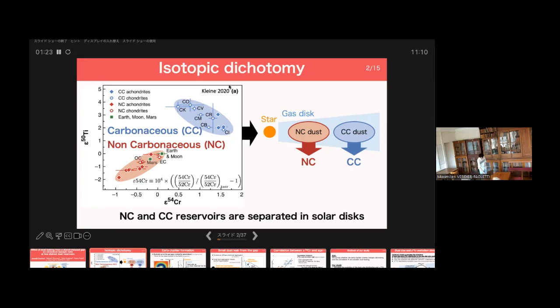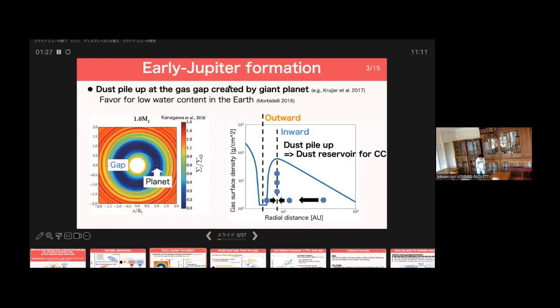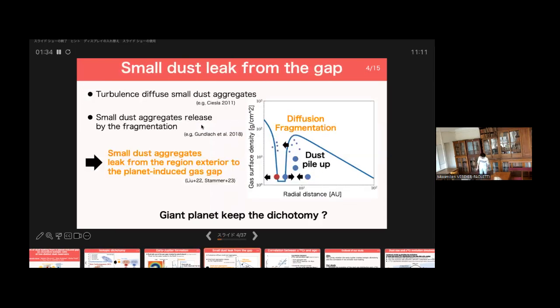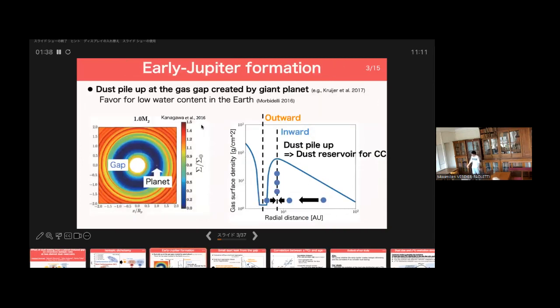One major idea to stop radial drift is early Jupiter formation. The left figure shows a numerical simulation of a gas disk embedded with Jupiter. This point is a planet, and the planet creates gas gaps by gravitational interaction. The right figure shows the gas surface density against radial distance.